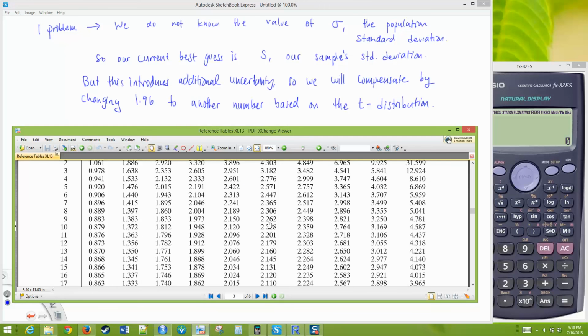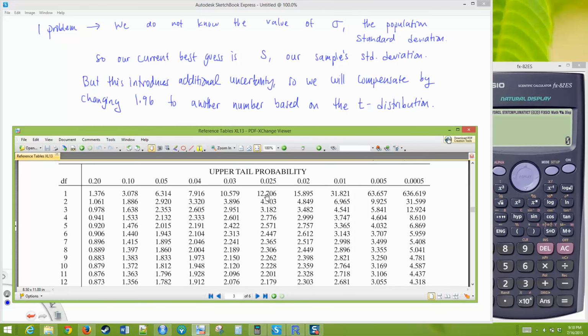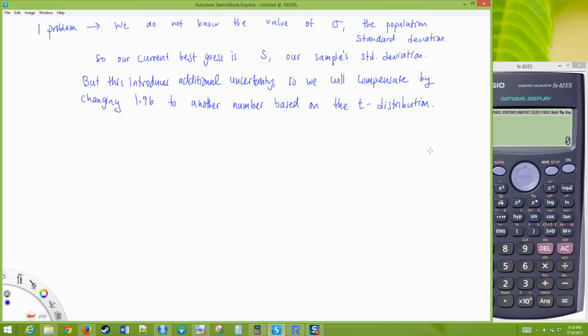As the degrees of freedom decreases, the amount of compensation gets bigger and bigger until you get to the top where you only have 1 degree of freedom and you need a compensation factor of 12.7, which is kind of ridiculously large. This is the t distribution, which is kind of like a compensated normal distribution. We've inflated the normal distribution a tiny bit.